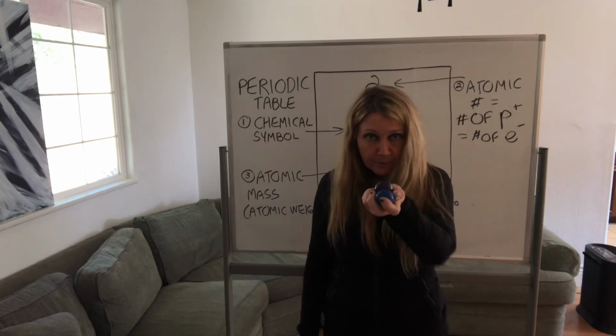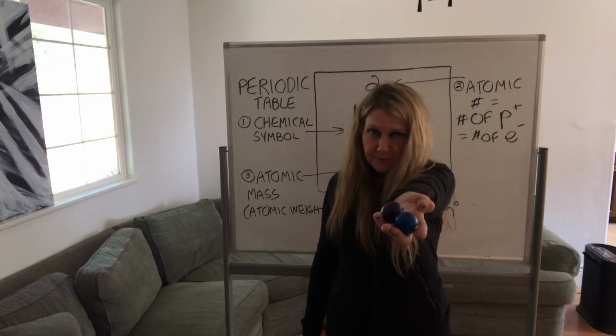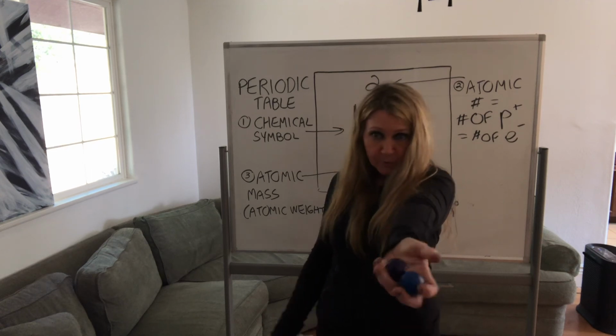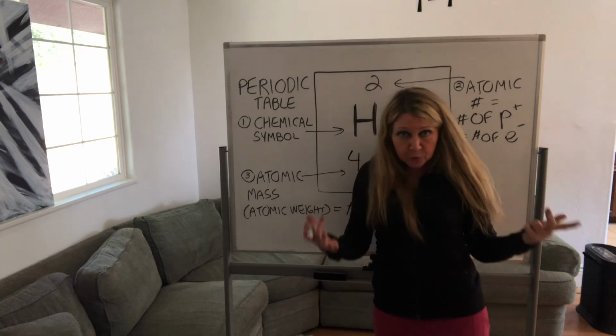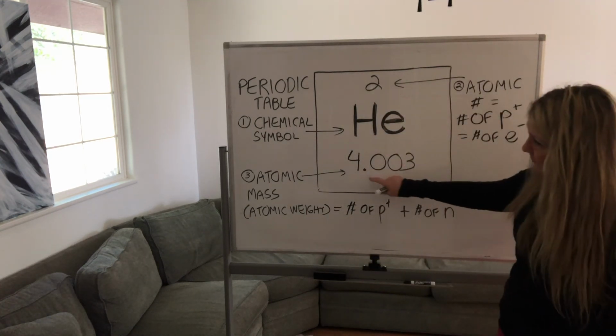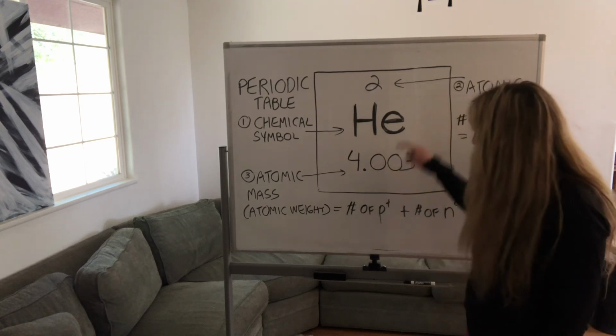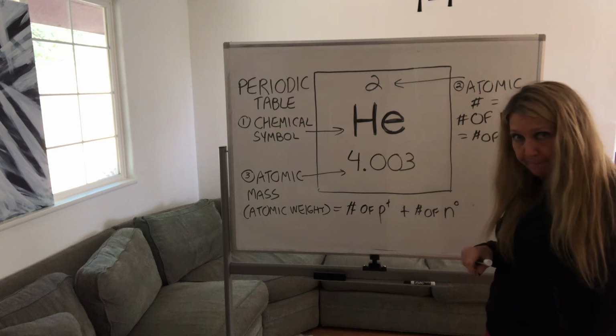Then I'm left with the number of neutrons. And in this case, they're both 2. It doesn't always work that way though. To get the number of neutrons, if I'm looking at the periodic table, I take the atomic mass number, or the atomic weight, and subtract the atomic number.